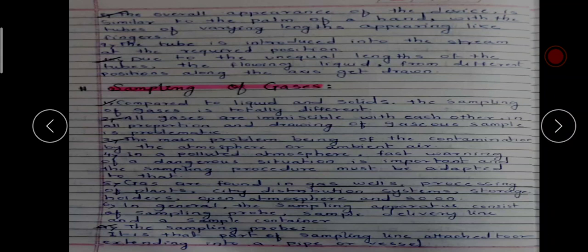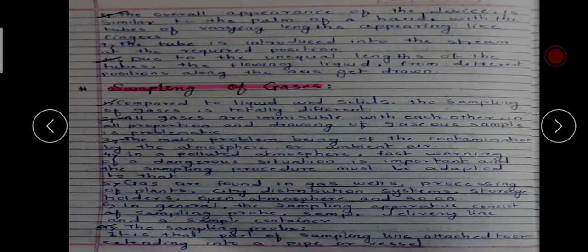The main problem is contamination by the atmosphere or ambient air, because gases are freely moving in the atmosphere, and there is a big problem of contamination.